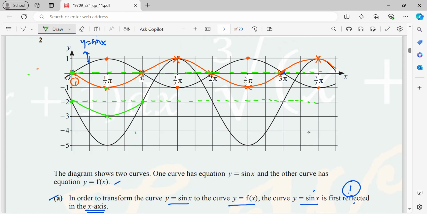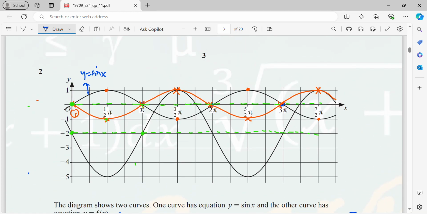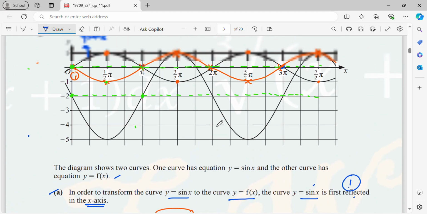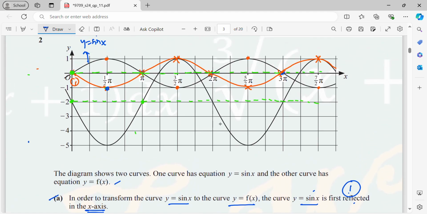And from here I know that I will just consider a few points. So firstly, I will write my points. Now you can check the points on the orange curve, that is after the reflection. I want to find out what's happening. So now I will check this point.